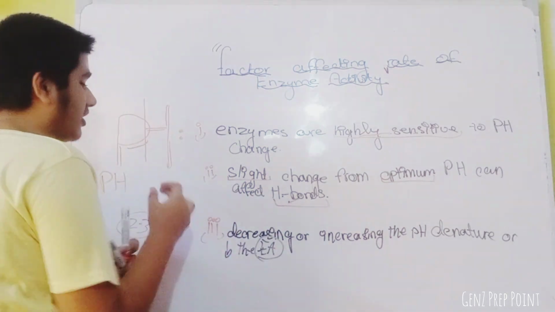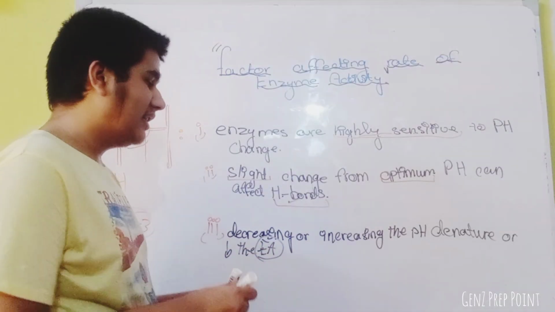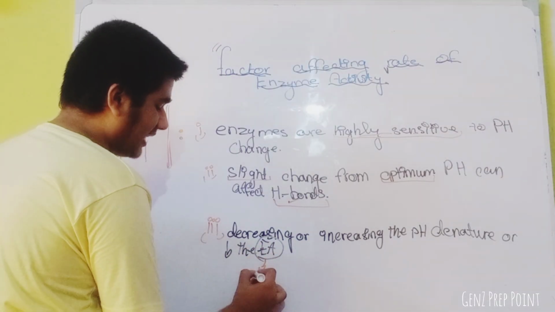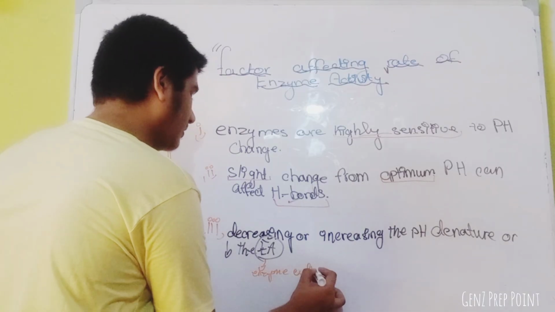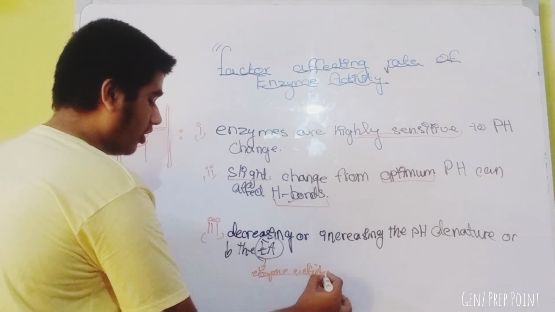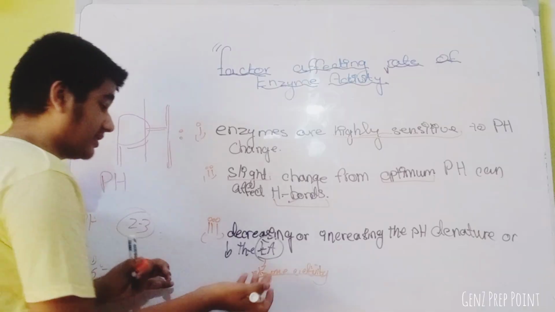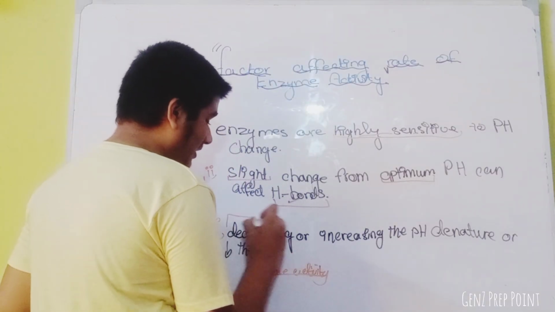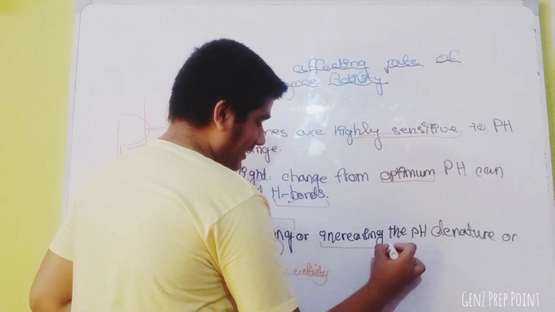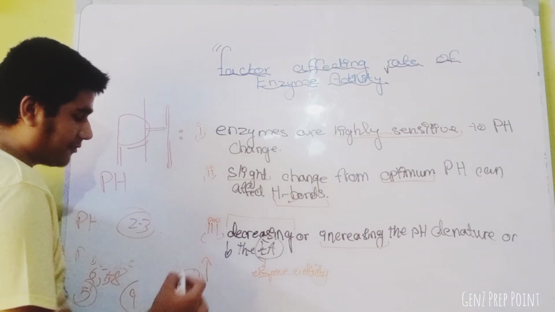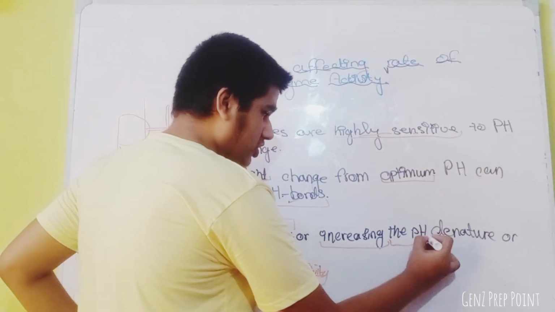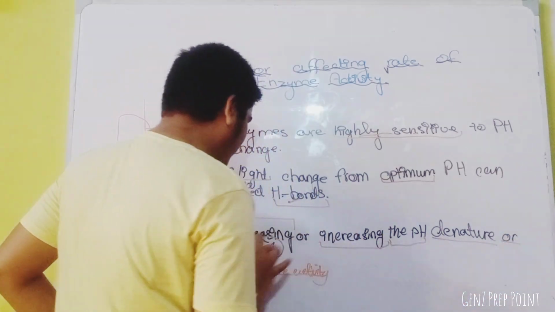If it is written on a graph, you can easily remember EA represents enzyme activity. This is shown on the graphs. I just wrote this in my sentence. If I decrease from 2 or if I increase from 2, the pH denatures or decreases the enzyme activity.